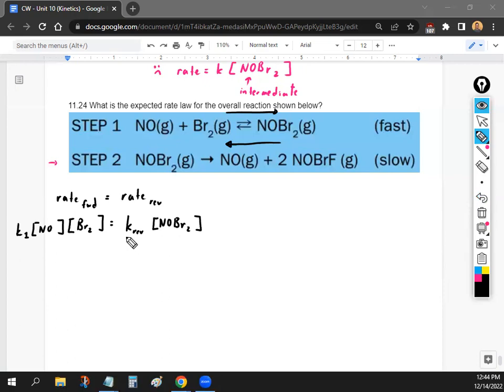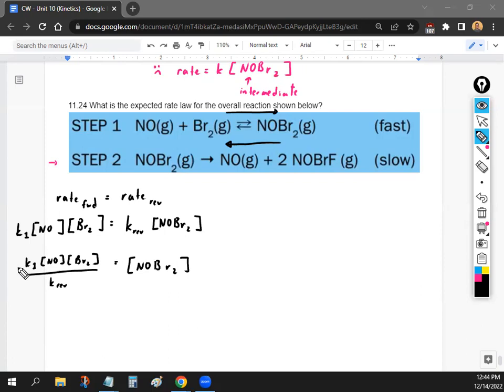So we're going to divide both sides by K reverse. And on the right side, we're going to have the concentration of our intermediate, and it's going to be equal to K1, concentration of NO, Br2, basically the entire left side divided by K reverse. Alrighty, so far so good?